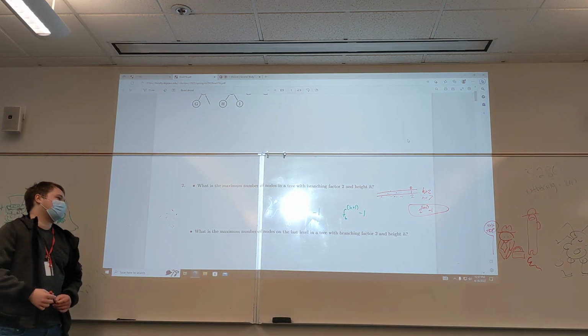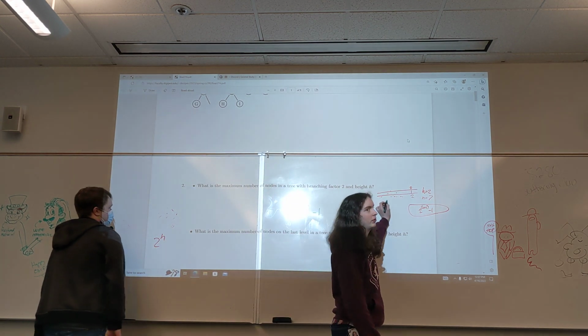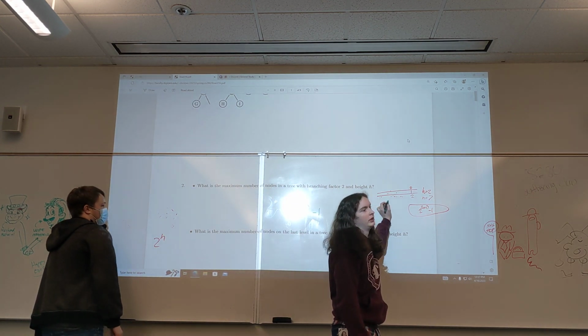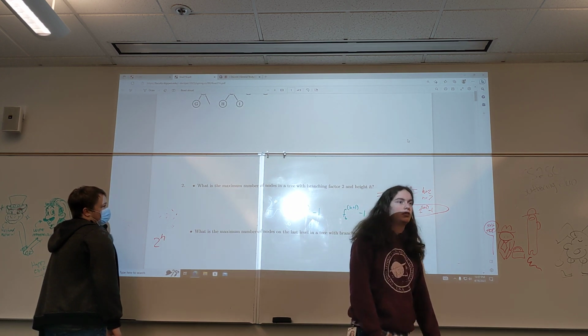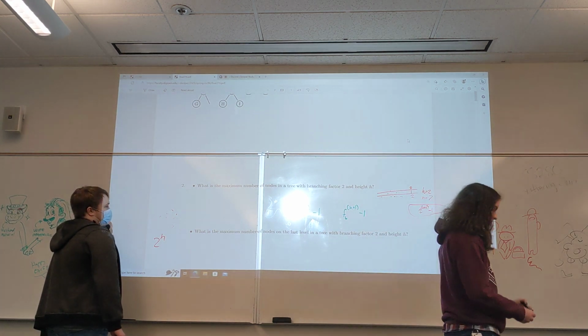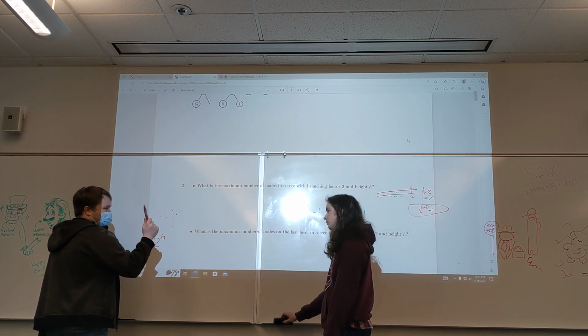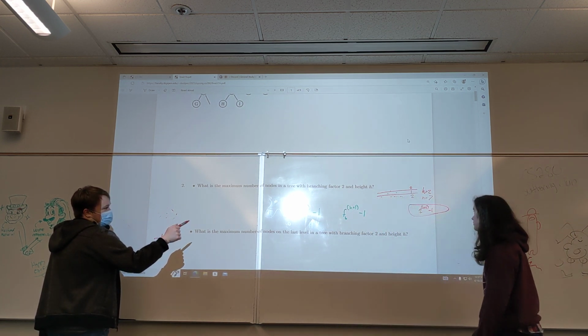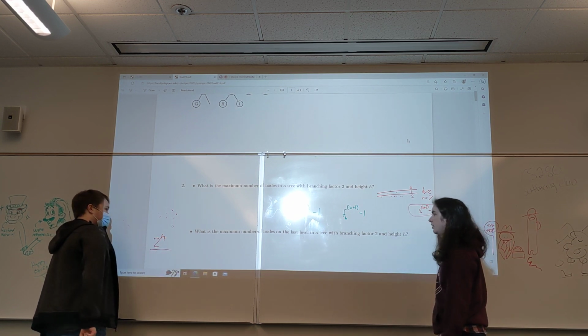Cool. Maximum number of nodes on the last level of the tree. An easy way to remember it is to draw a diagram with three levels. That's height 2, and count how many there are. It's 8. That's 2 to the third minus 1. The last level has 4 nodes, that's 2 to the h.